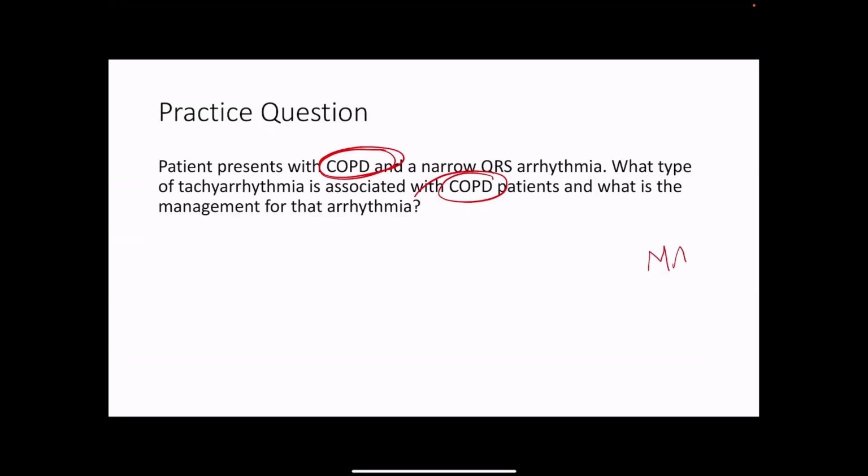Yes, multifocal atrial tachycardia. This one is usually caused by the lung problems. So how do we manage this arrhythmia? We just treat the lung problem itself and it will go away. Just a reminder, multifocal atrial tachycardia is the one with more than 3 different P wave morphologies.